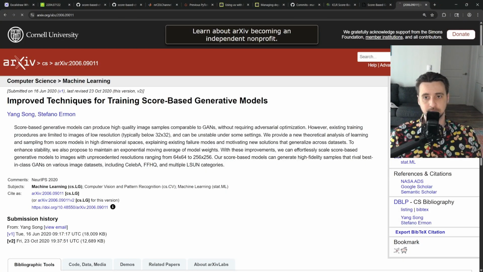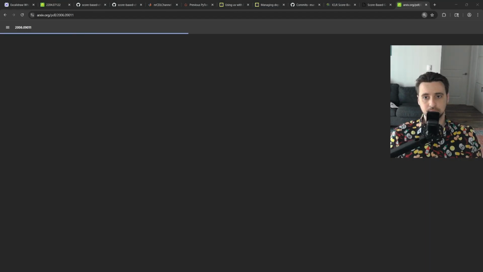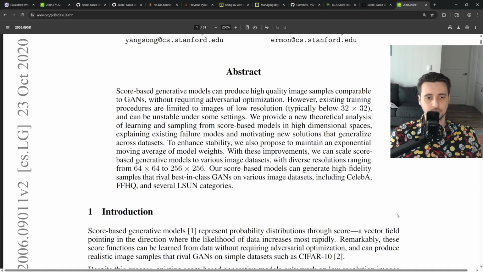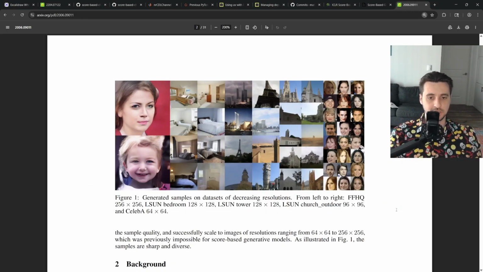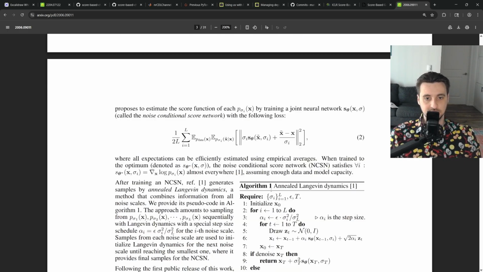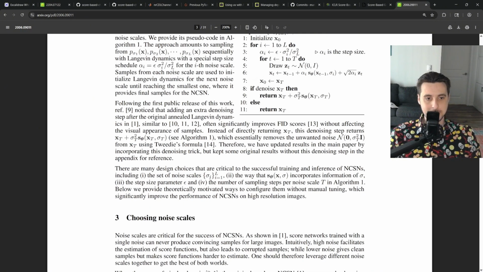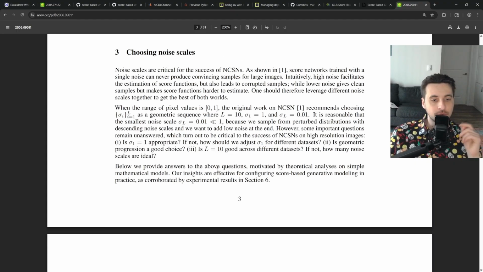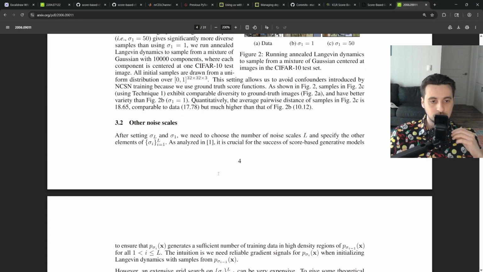Interesting. Let's see, how do we pick the step size, which is called alpha here? Choosing noise scales. No, not noise scales. Noise scales we know how to do. We did that.